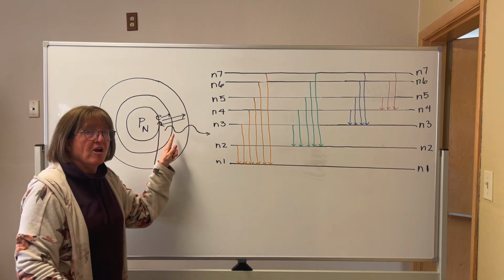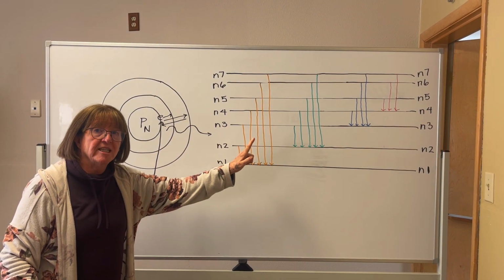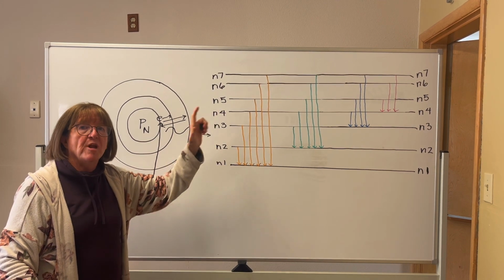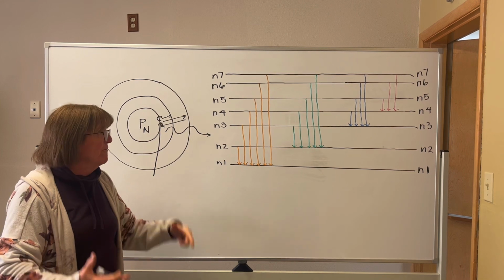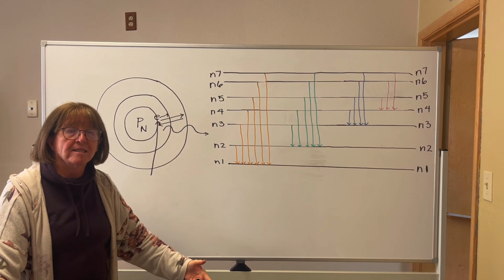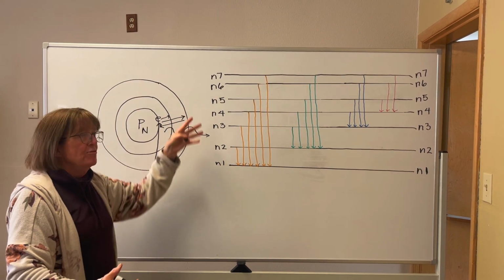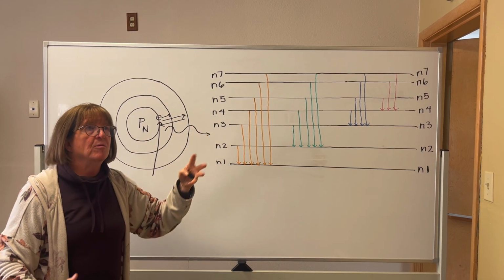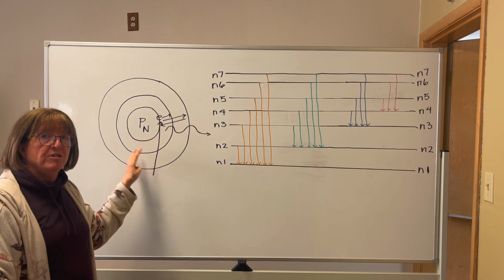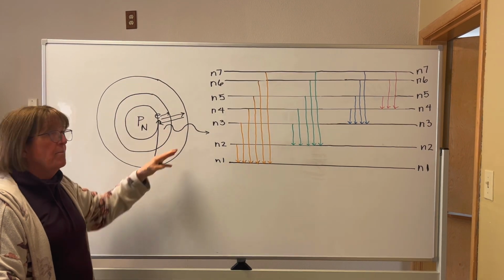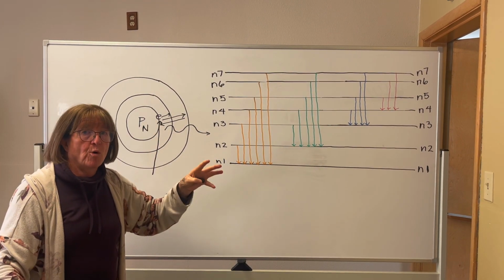So depending on how far we cause it to jump will determine, when it falls back down, what different spectral lines we're going to get. Even though this is not the normal actual shape of an atom, this is what we use to teach it. This was done by Bohr, Niels Bohr.